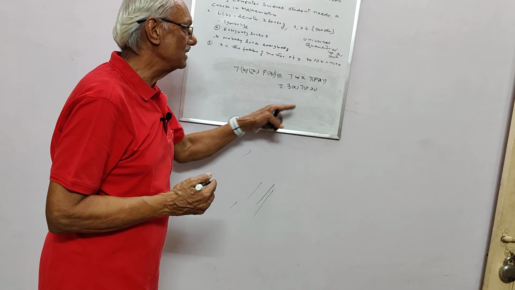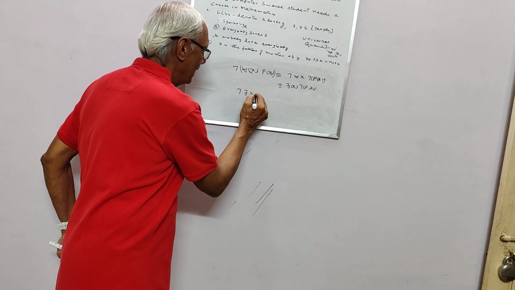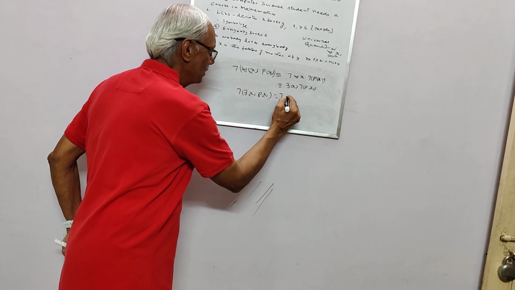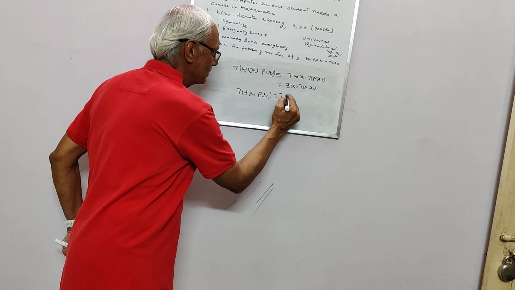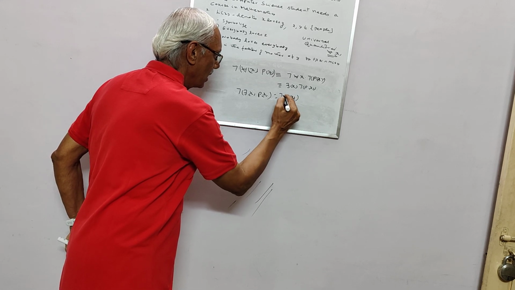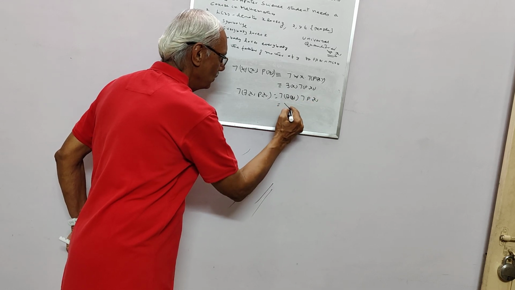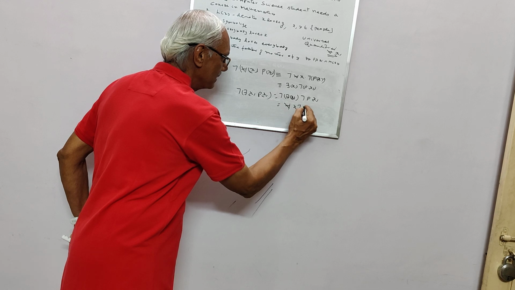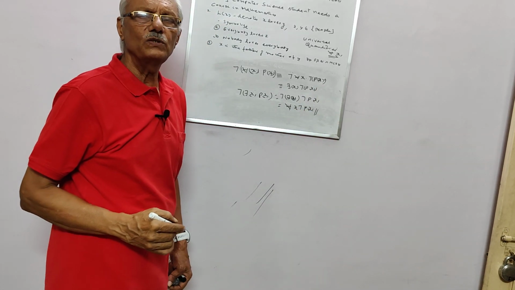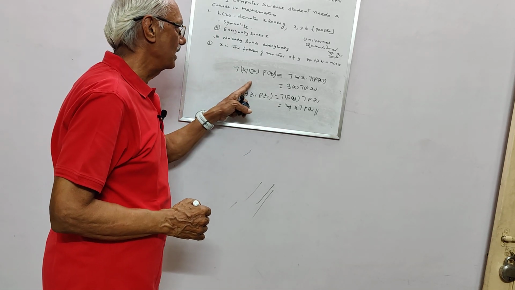In the same way, negation of there exists x p of x is for all x negation of p of x. These two are very, very important.